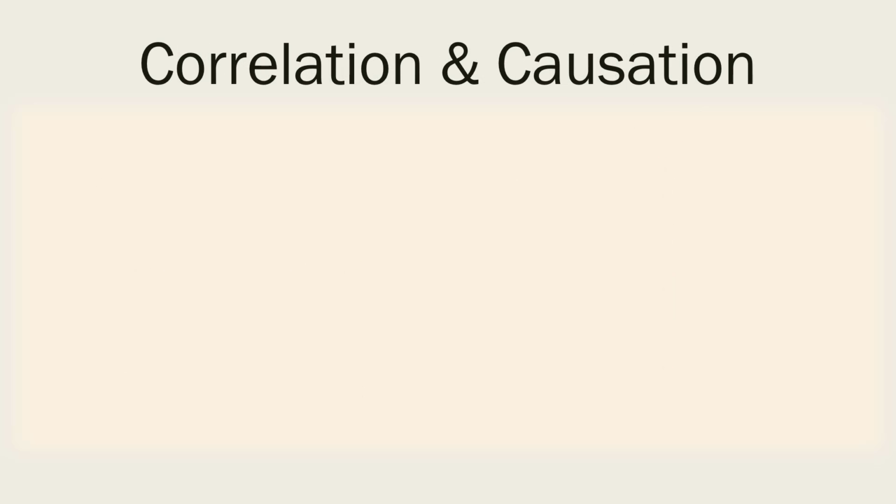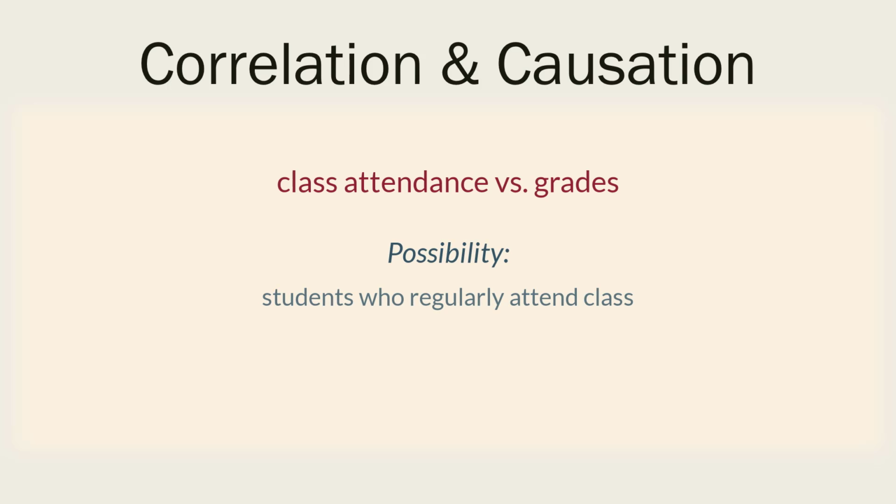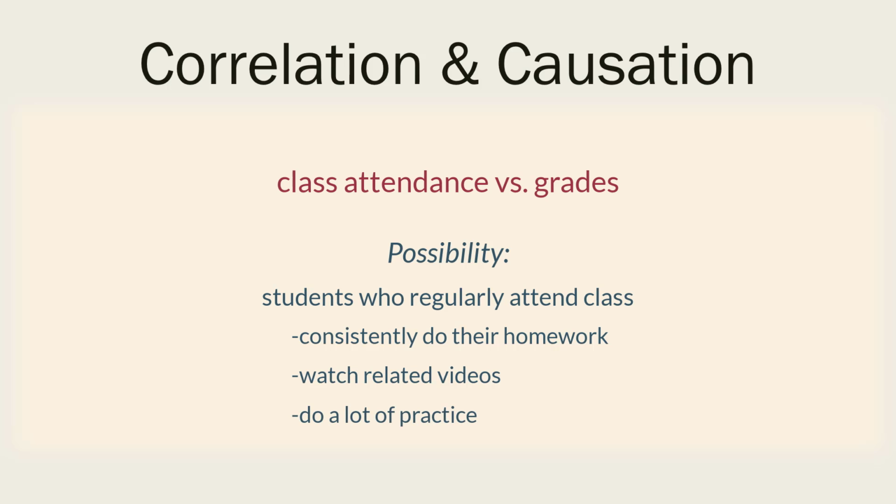Now, if two variables have a strong correlation, we do not say that one affects or causes the other to change without further analysis. For example, if there is a strong positive correlation between class attendance and grades, we do not conclude that class attendance causes grades to increase. It is possible that the same students who regularly attend class also consistently do their homework, watch related videos, and do a lot of practice.